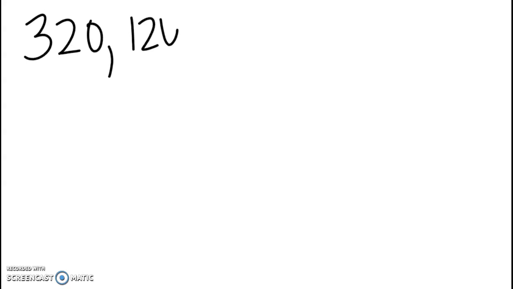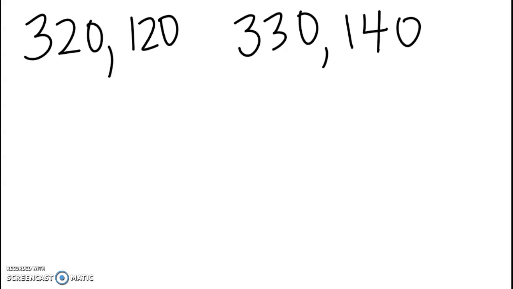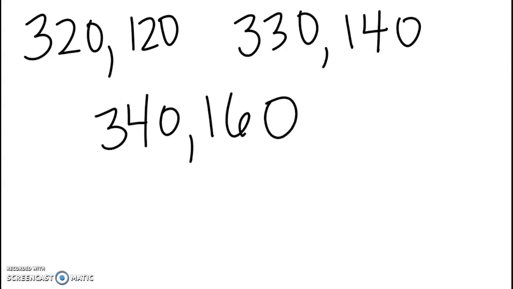Now, sometimes you will get a number where a couple of different things are changing. Let me see if I can give you an example like that. If I have something like 320,120, 330,140, 340,160.